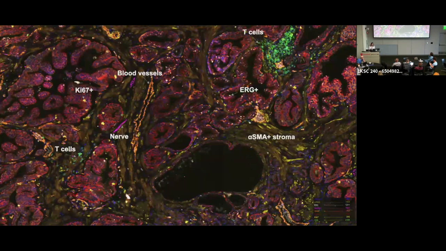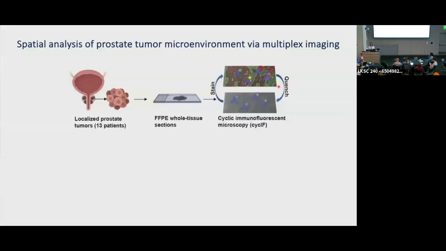This ability of multiplex imaging to reveal more specific information gives us deeper insights into tumor biology, and we are going to use this to enhance our ability to classify patients and tailor treatments more effectively.